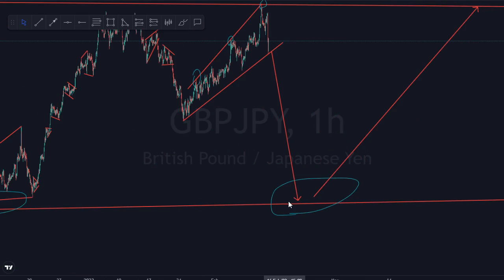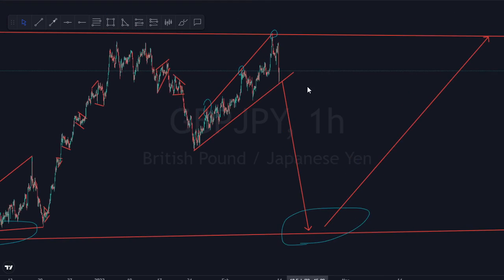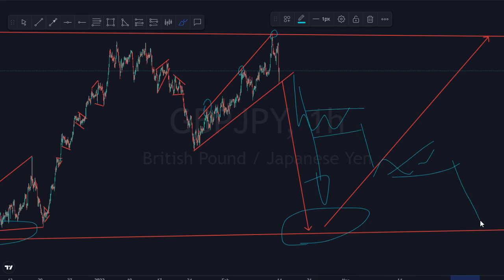So these sells, guys, might take a while to happen, because we don't know if the market will shoot straight down, or the market might do its thing, form patterns while it's going down, form patterns until it reaches this low.